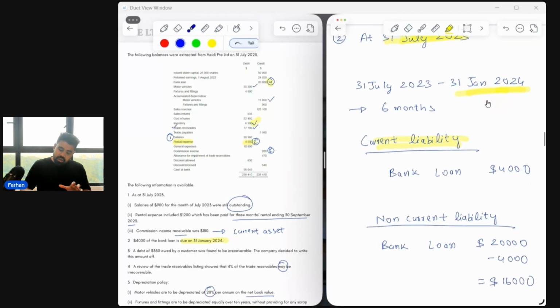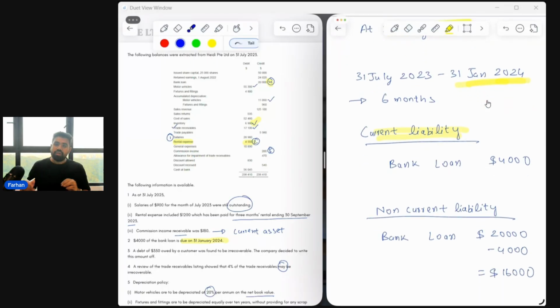And when you show the non-current liability section in the statement of financial position, you will show the bank loan amount that is the non-current portion, the $16,000. Why? Because this $16,000 is not due for repayment in the next 12 months. It is due for repayment after the next 12 months.